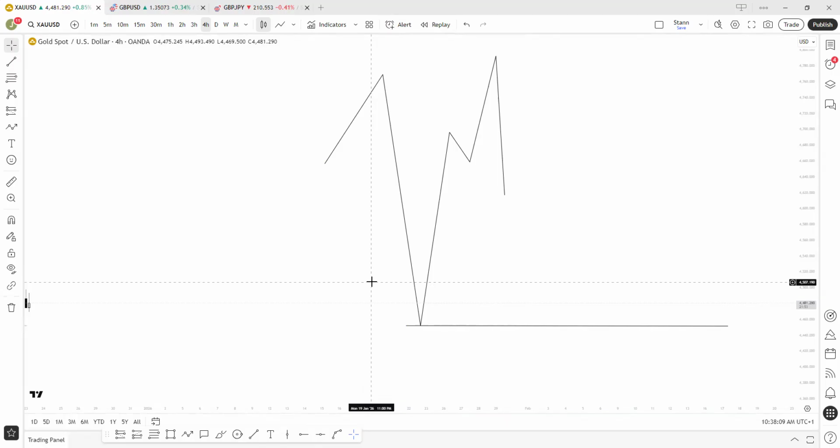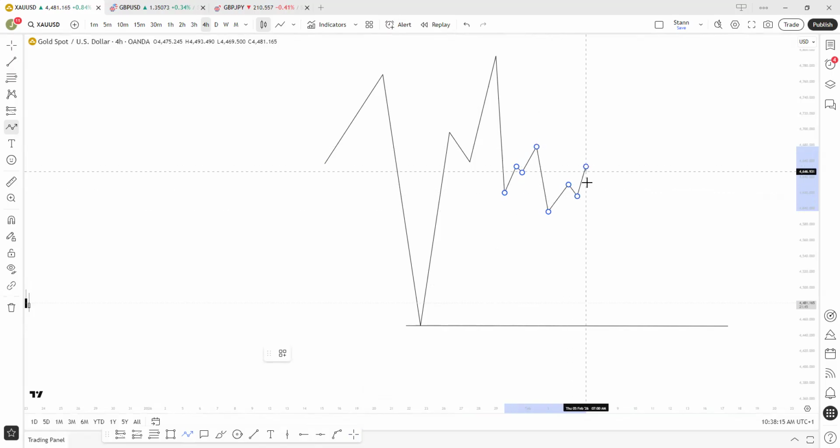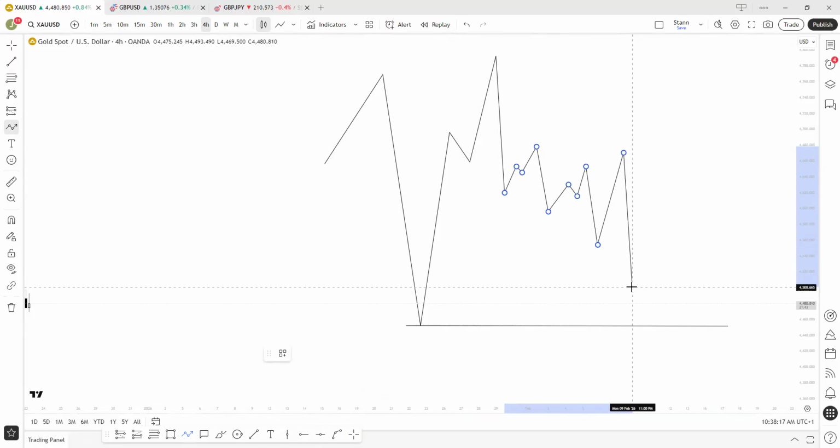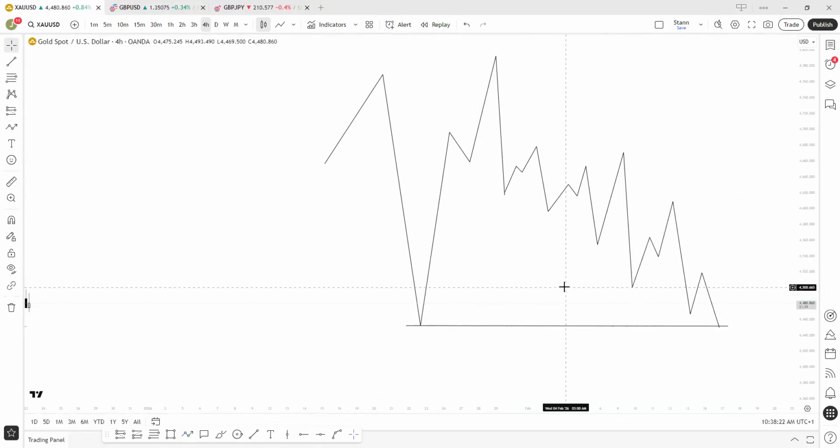So I'm going to be looking out for entries in that regard, until we hit the specified target. So this is basically the way I see the market.